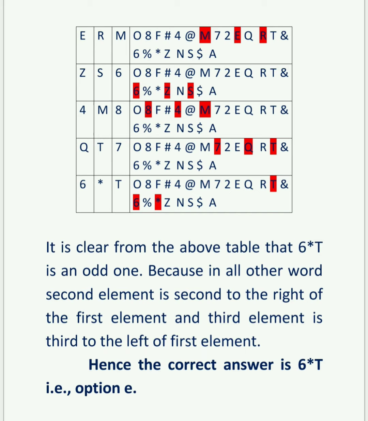In QT7, Q is the third left to 7 and T is the second right to Q. So all are satisfying this condition except 6*T. Therefore 6*T is the odd one.